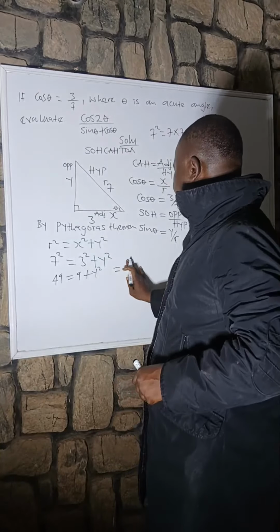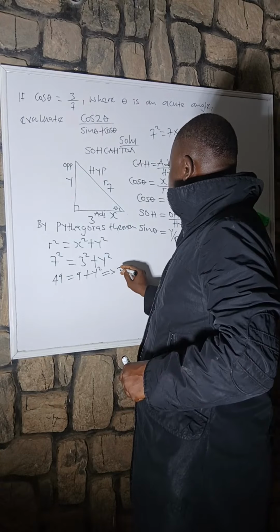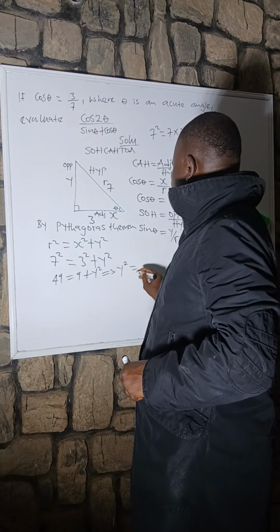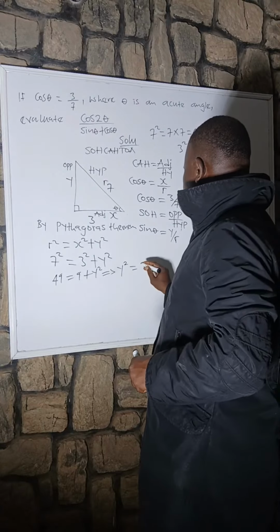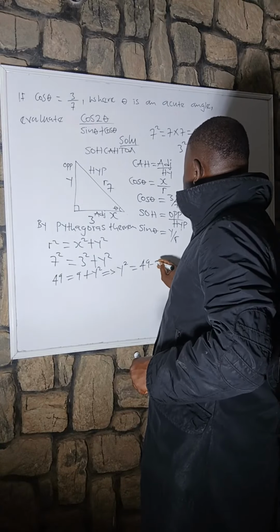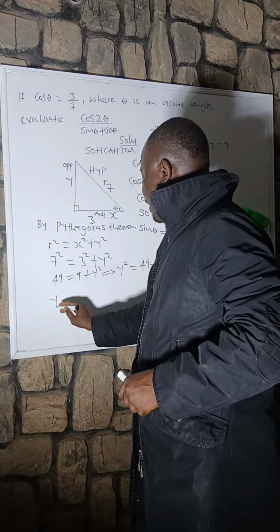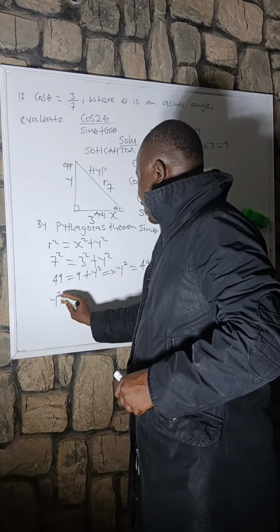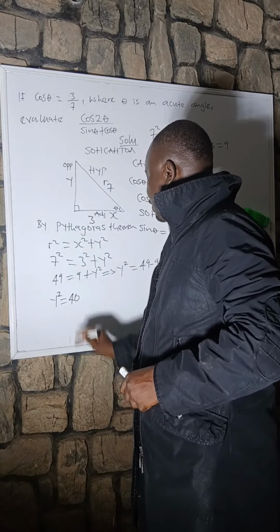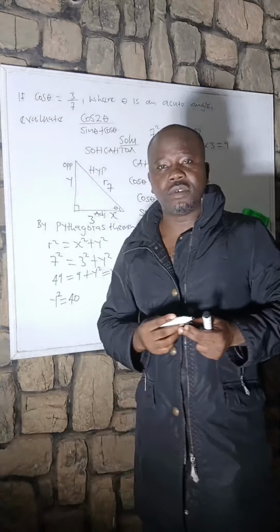This implies that y squared is equal to 49 minus 9, because 9 crosses the sign of equality and becomes minus. So y squared is equal to 40. True or false?